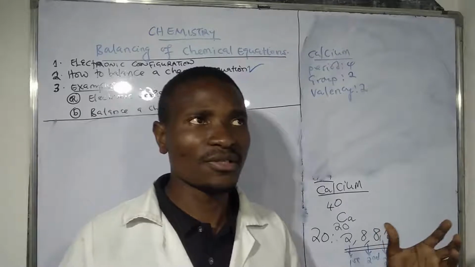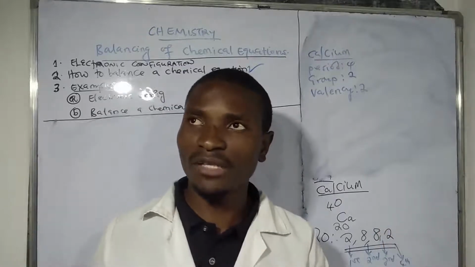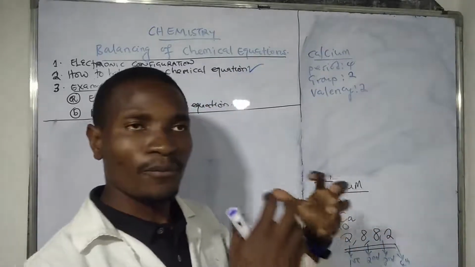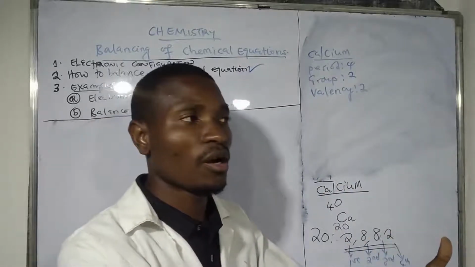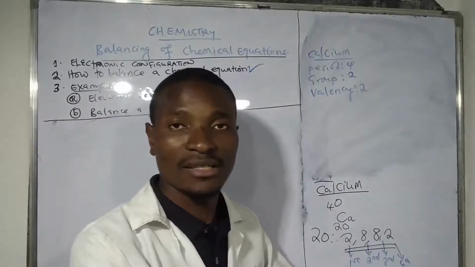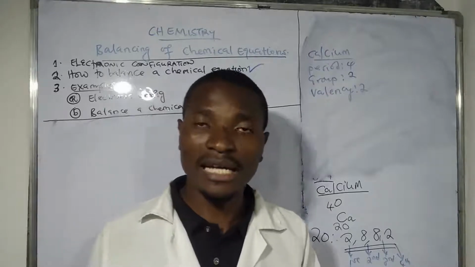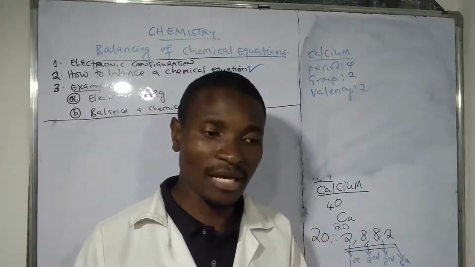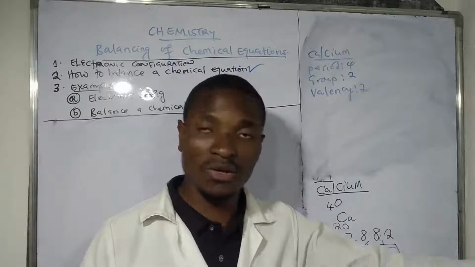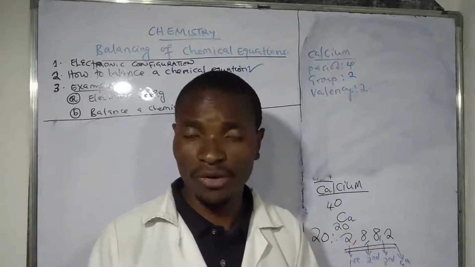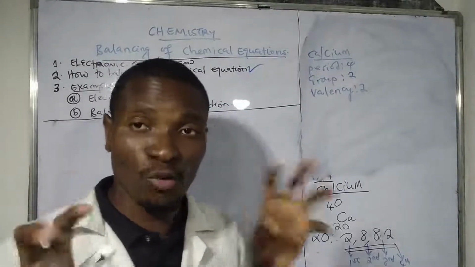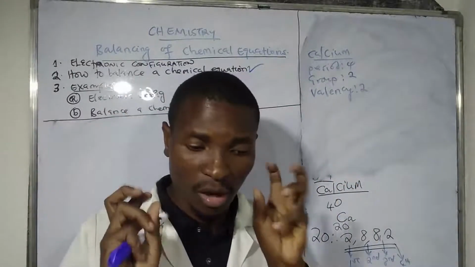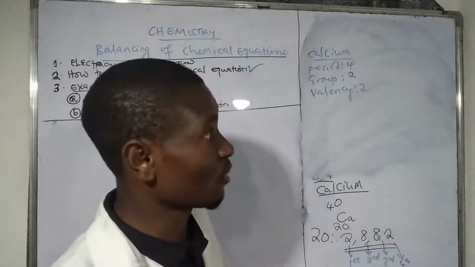All we are doing is ensuring that the number of atoms on the reactant side is equal to the number of the same atoms reappearing on the product side. Before we get into the actual balancing, I'll give you the idea of what I'm talking about.